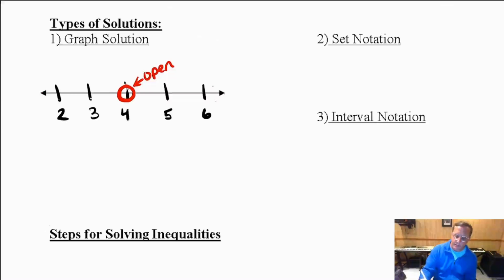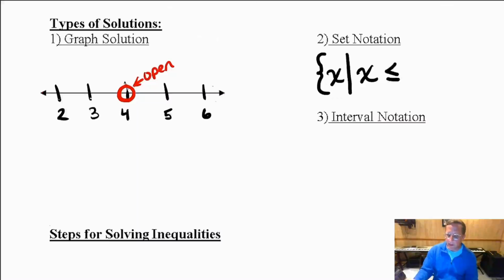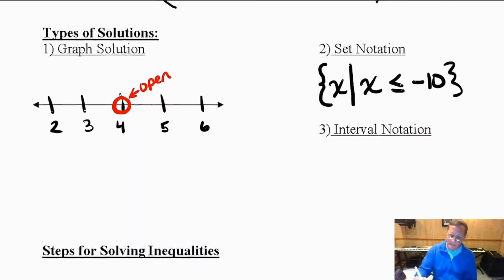The set notation is going to look like this, where we use these symbols right here, and it depends on the variable used in the problem. But let's say x is typically used. And then you're going to have this symbol, and then you're going to have the inequality. So I'm just making up an example here, like less than or equal to -10. And the way that it's stated is that symbol right there, that little tall vertical line, represents "such that."